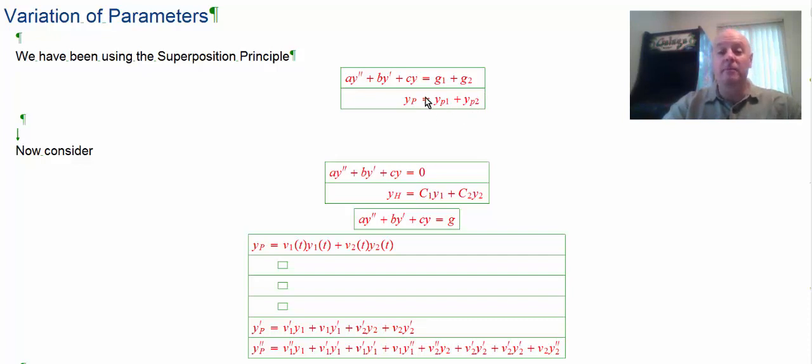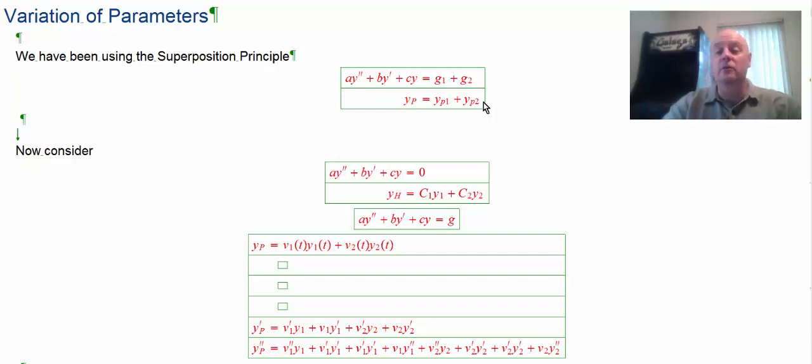And we know that we have a particular solution that'll hit the target g1. In other words, if I put it in the left-hand side of the equation, g1 comes out. And we've got a particular solution, y sub p2, that hits the g2 target function. So if my target function is the sum of the two targets that I can hit, then my particular solution is just the sum of those two particular solutions. That's our principle of superposition.